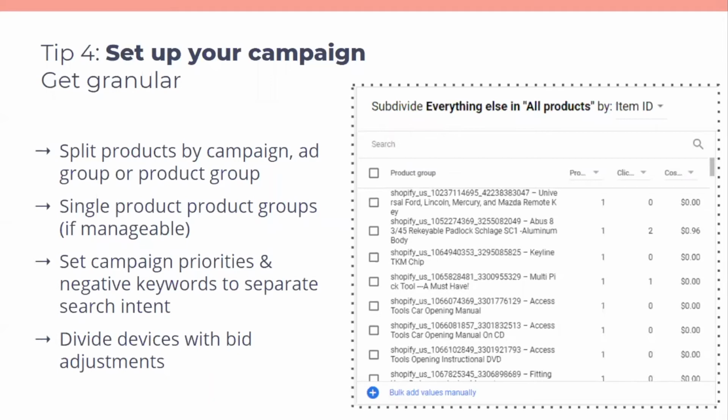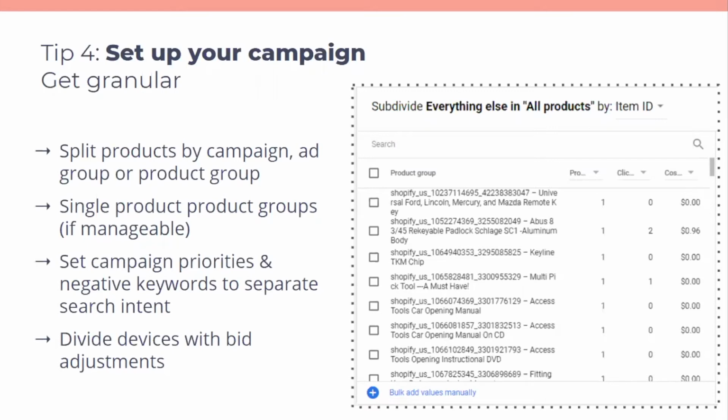So when you are setting up your campaign, my number one rule here, setting you up for success from the very beginning, is to get granular. This screenshot here is just showing you how you can subdivide everything in all product groups. It's kind of confusing because it's a little different than regular search campaigns.